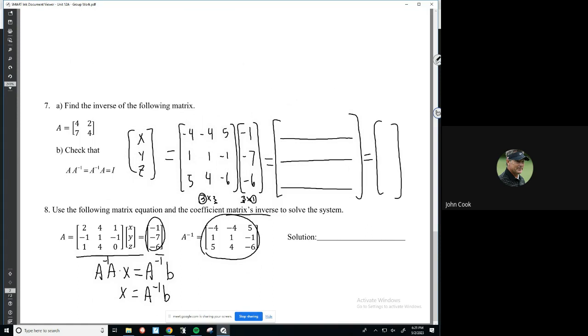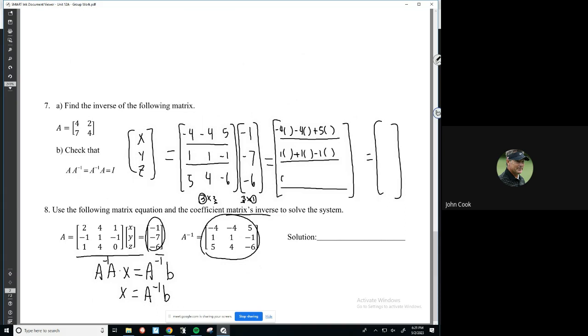Okay, so the matrix on the left gets broken up into rows, and then we only have 1 column, so that's going to be pretty easy. So it's going to be -4 times something, -4 times something, and then 5 times something. Looks like I'm not going to need that much space. Okay, and then it'll be 1 times something, plus 1 times something, -1 times something.